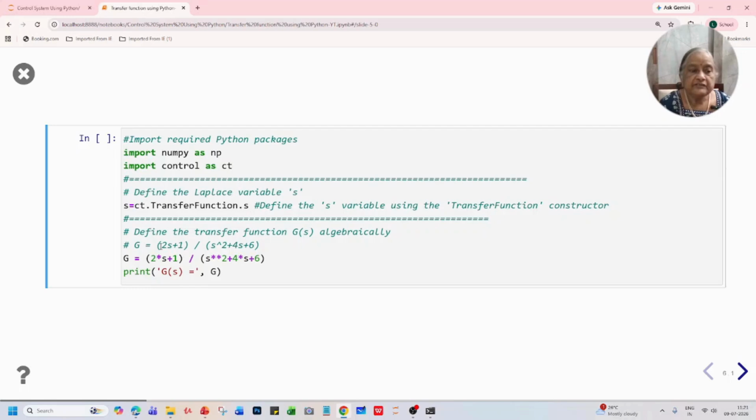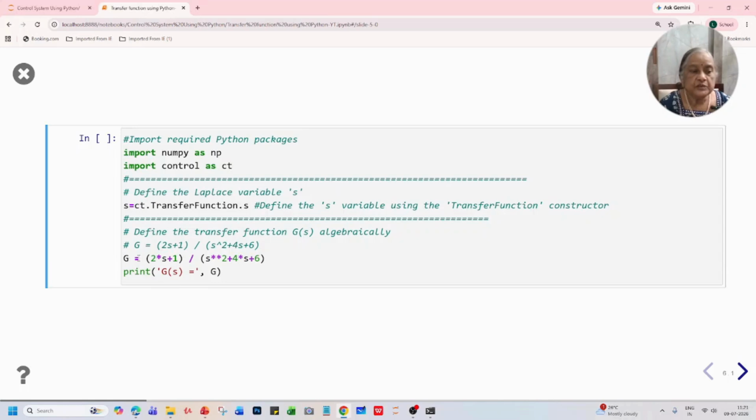Whatever equation we give, it takes it as an algebraic operator and constructs the transfer function. So s = ct.TransferFunction.s, with T and F as capital letters, or in the short form you can replace this by ct.tf.s. This additional .s will take s as an algebraic variable.